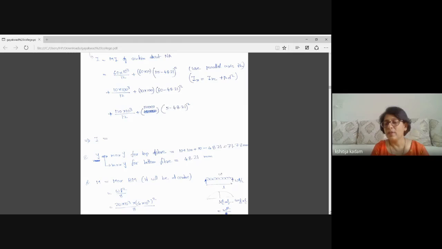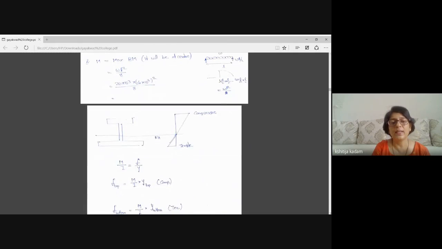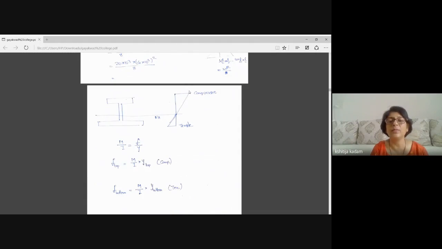So in this formula, we will substitute the things, and then the bending stress diagram will be like this. The neutral axis is not lying at half of the height. So you will find the bending stress diagram, which is triangular, has large compressive stress at top and small tensile stress at bottom. The formula is same.